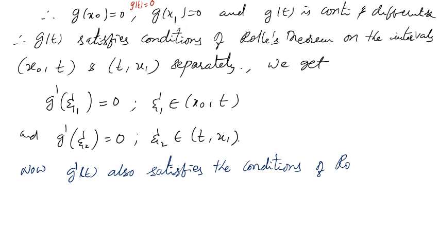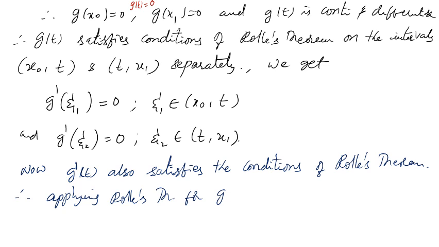Therefore, let us apply Rolle's theorem for g dash t on the interval between these two roots, xi1 and xi2.